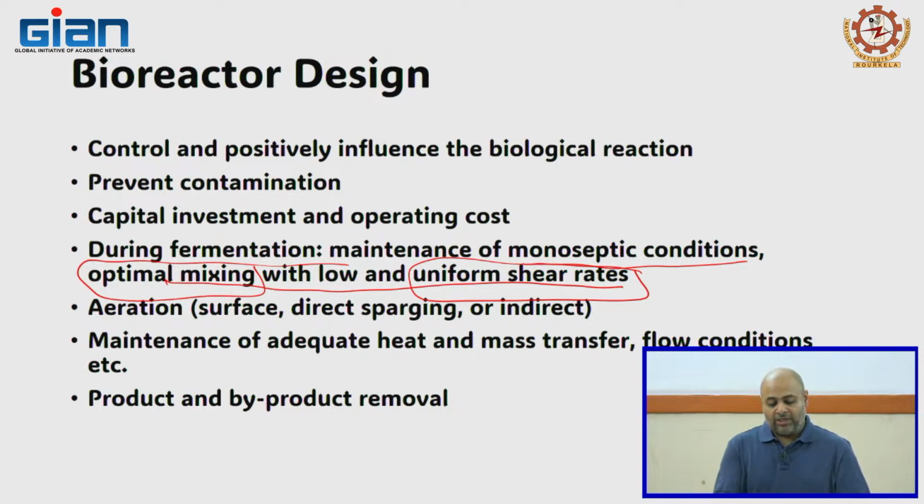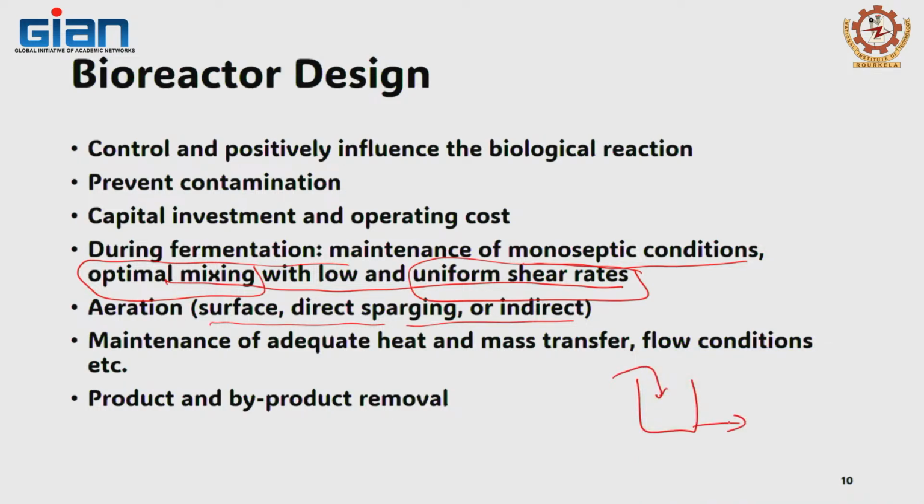Then comes the aeration, surface or direct sparging or indirect. So depending upon what will provide you the best and optimum O2 distribution within the bioreactor, if it requires aerobic conditions, you need to identify the best way of providing that aeration into the bioreactor. So maintenance of adequate heat and mass transfer and the flow conditions. So let's say for a fed batch, we have to have an input. Let's say for CSTR, you have to have an input and an output.